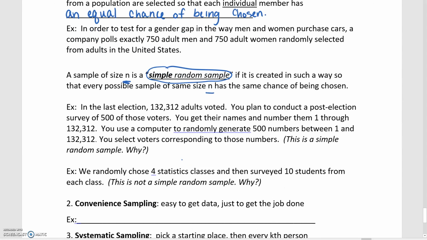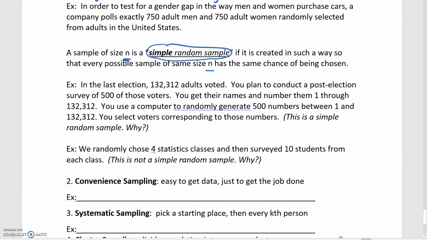So here's an example. In the last election, 132,312 adults voted. You plan to conduct a post-election survey of 500 of those voters. So that's our n, the 500. You get their names and number them between 1 and the total, 132,312.